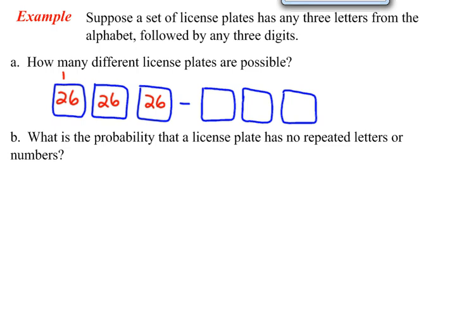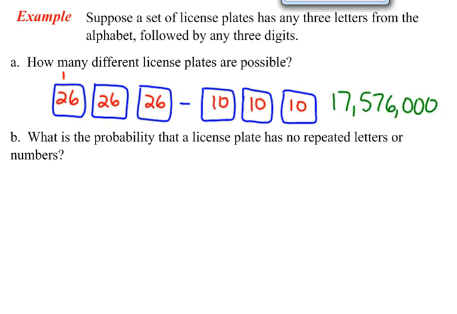Then we have the next box representing a digit. Well, 0 through 9 is 10 different digits. And they didn't say that we can't repeat digits, so I guess we can. So we could have 10 possible digits there and 10 possible digits there. So what we've done is come up with every possible option in each position, and now we're going to multiply them all together to get the total number of license plates.